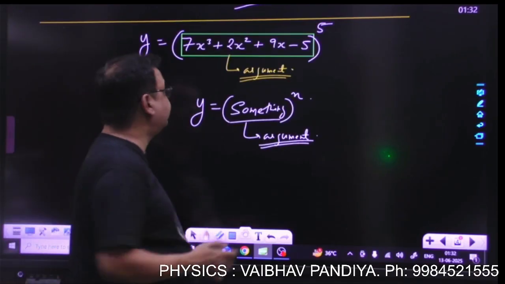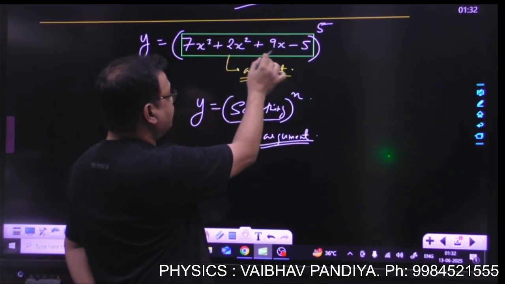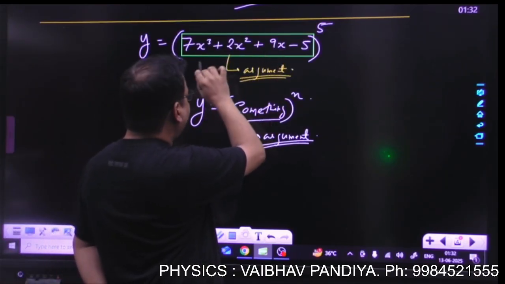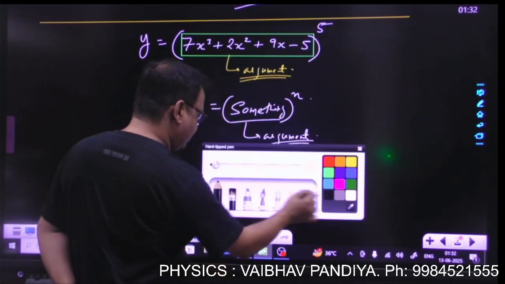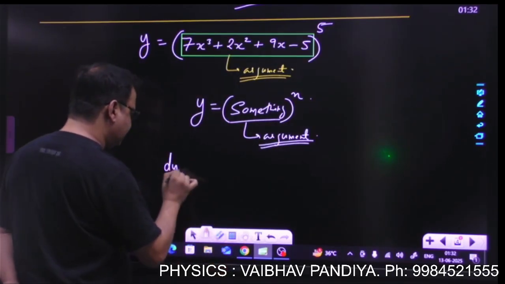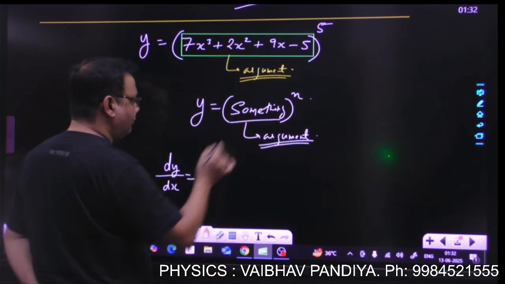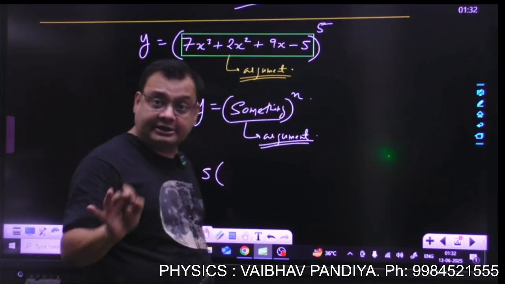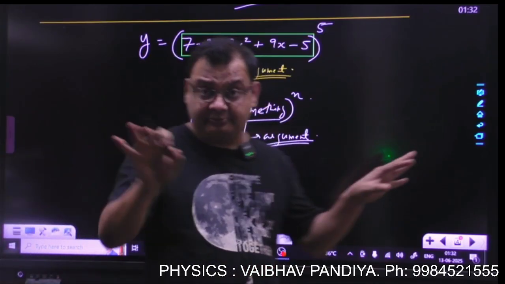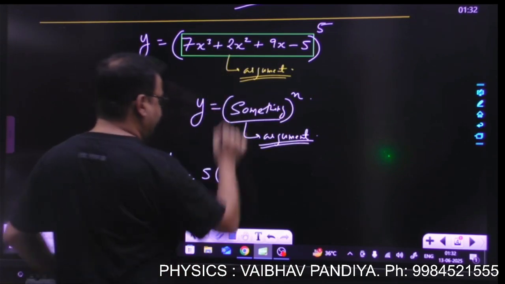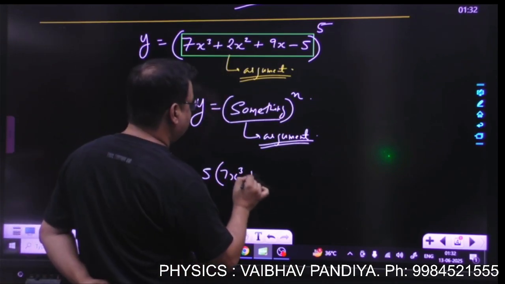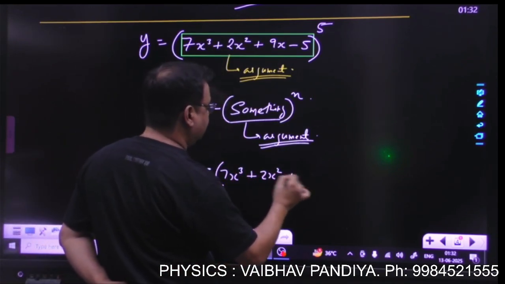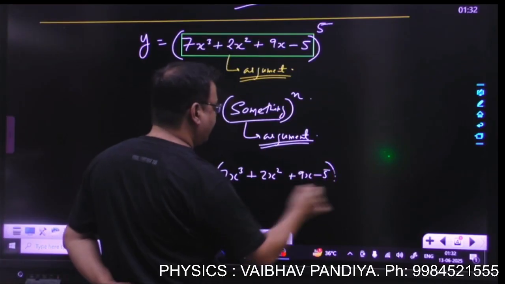This something is 7x cube plus 2x square plus 9x minus 5, and the power of something is 5. If you apply the chain rule mentally, you'll write dy by dx is what? The power 5. Write the something intact without disturbing it. You simply have to copy it: 7x cube plus 2x square plus 9x minus 5.